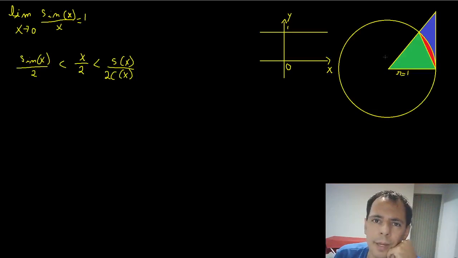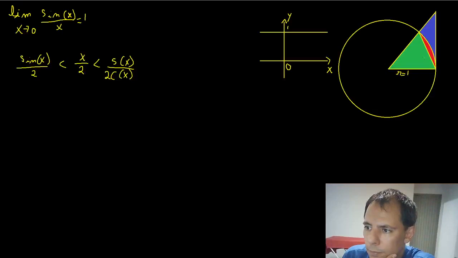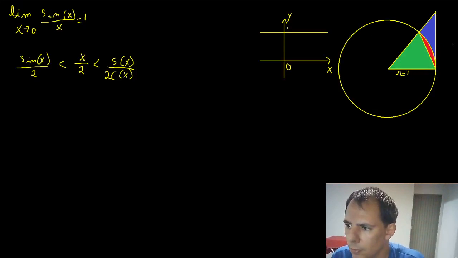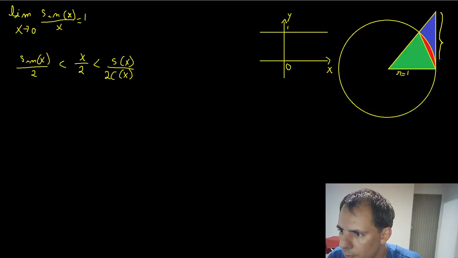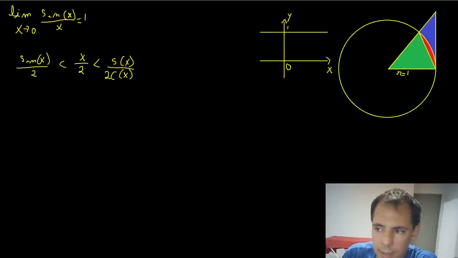Well, I'm going to explain that in another video, otherwise this video is just going to get too long. But this height right here equals the tangent. So it's the tangent times the base, which is 1, divided by 2.